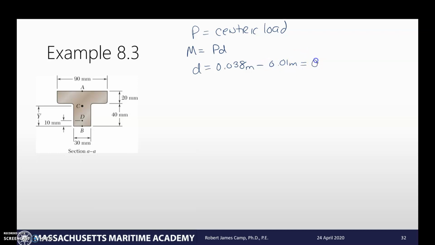That gives us a d of 0.028 meter. And so our moment is going to be 0.028 meter times P.